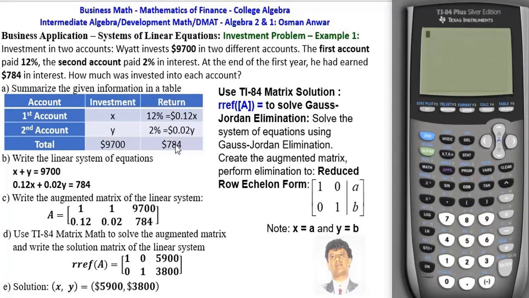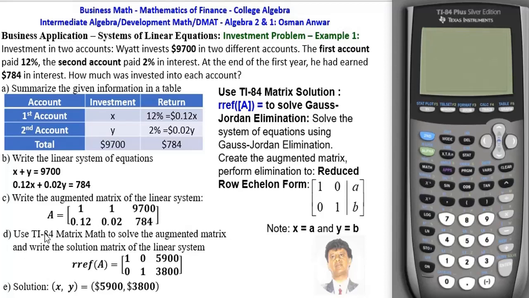The return was 784. So we're going to take this, translate into linear system of equations, which is x plus y equals 9,700, 0.12x plus 0.02y equals 784. Then we're going to take this and write an augmented matrix A, which is x plus y equals 9,700, 0.12x plus 0.02y equals 784.